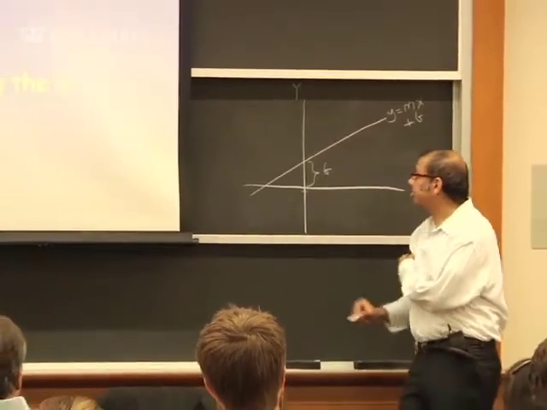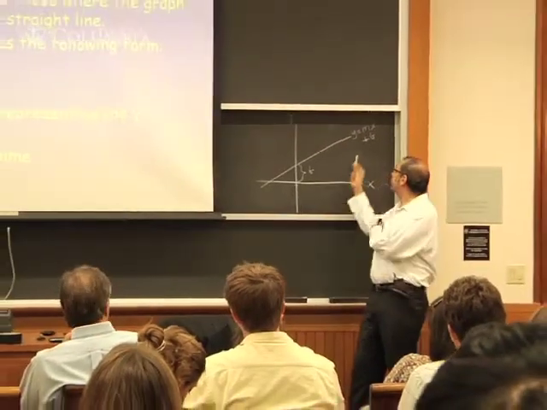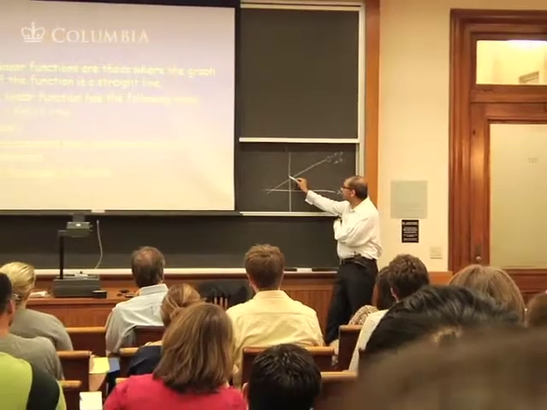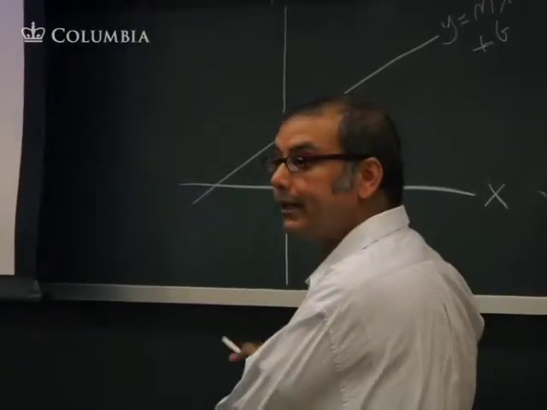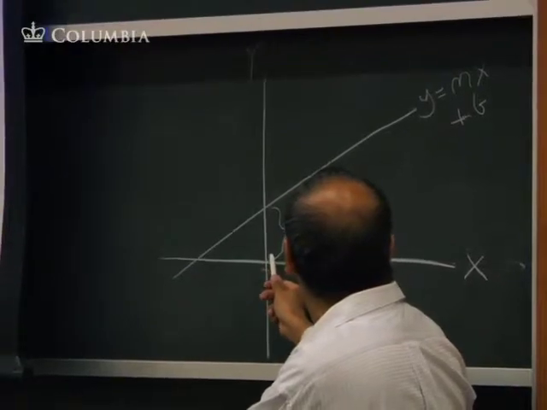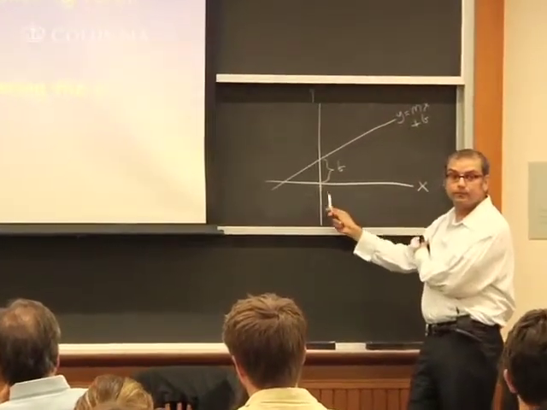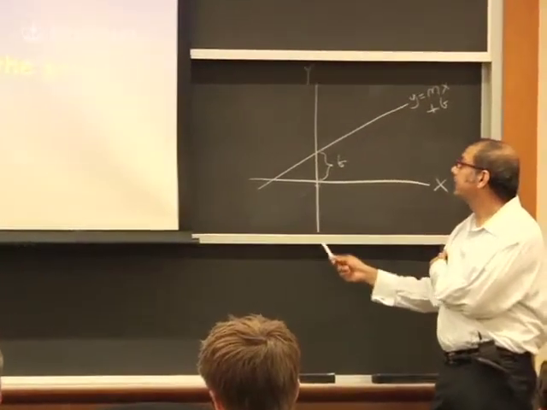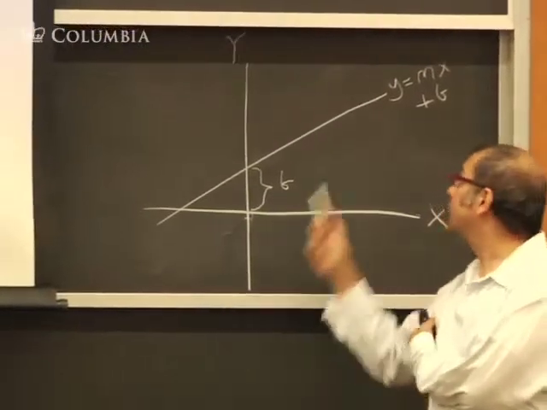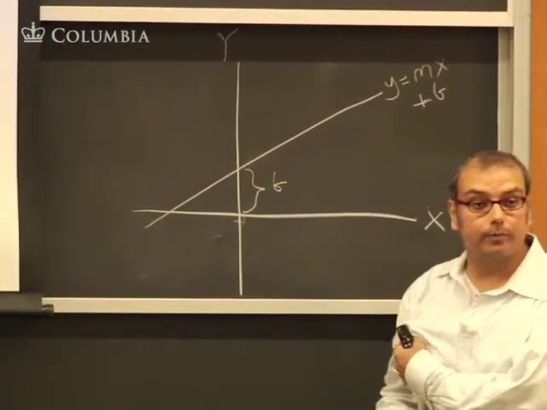That's the y-intercept. And if you don't remember that, just keep in mind that the y-intercept is the point at which x is equal to 0. Anytime you're on the y-intercept, x is equal to 0, so you would substitute 0 in here, and so y would be equal to b.